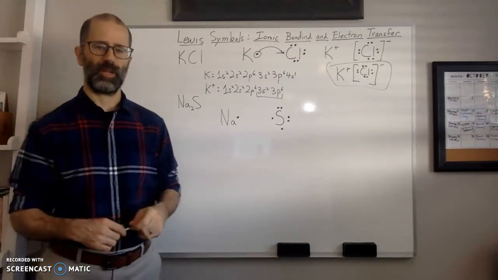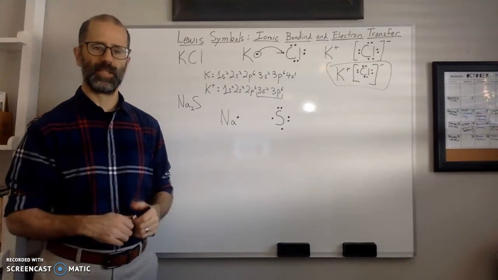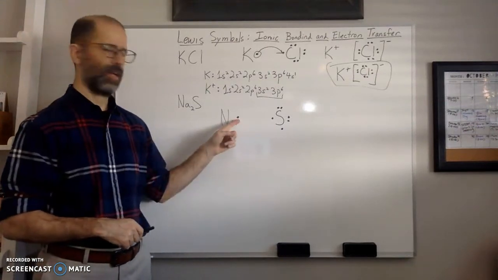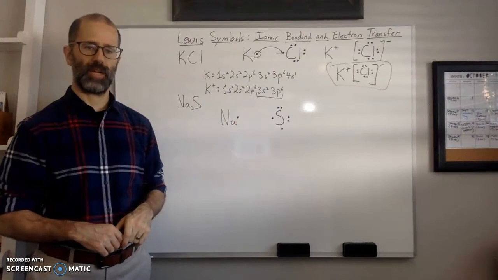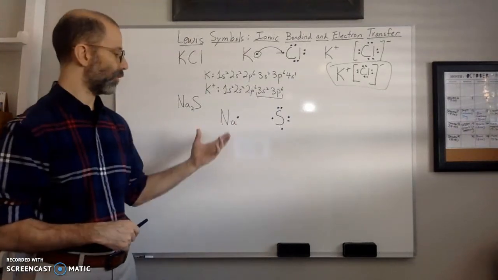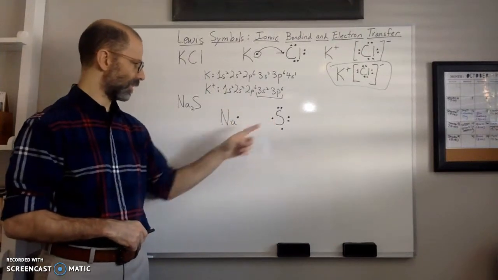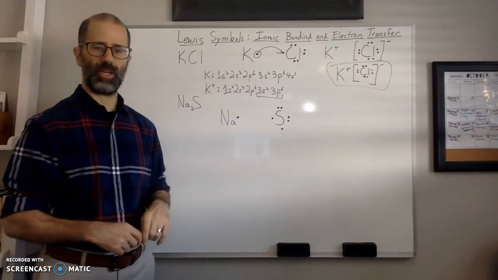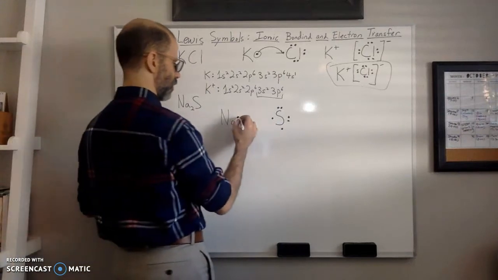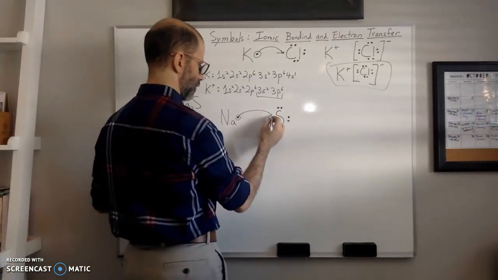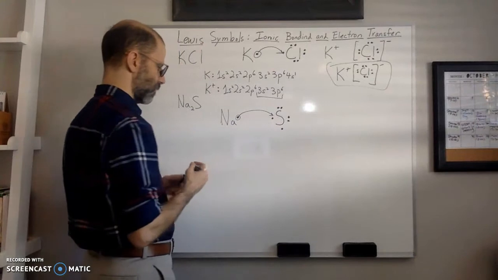Sodium, being the metal that it is, is highly reactive because it wants to get rid of that 1 valence electron. So it will react with sulfur. Sulfur wants the electron, sodium will give it. So we can transfer this electron to the sulfur.